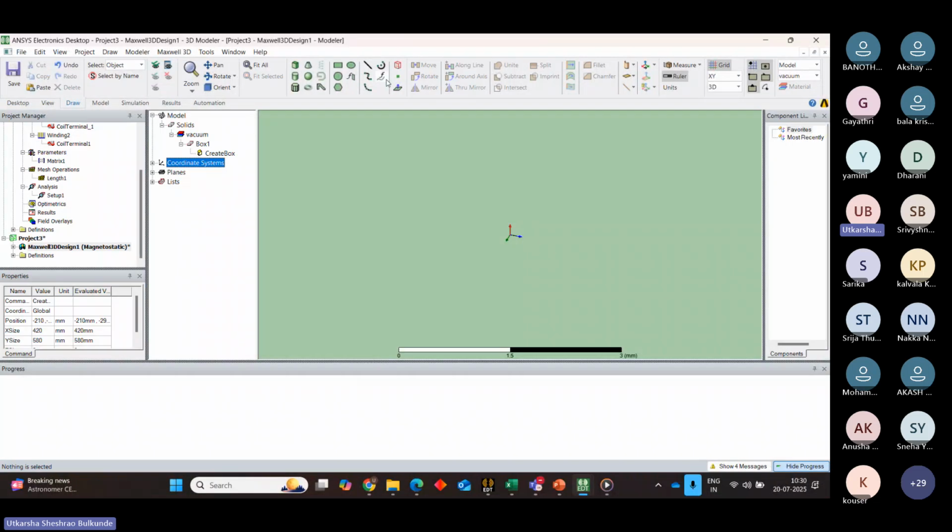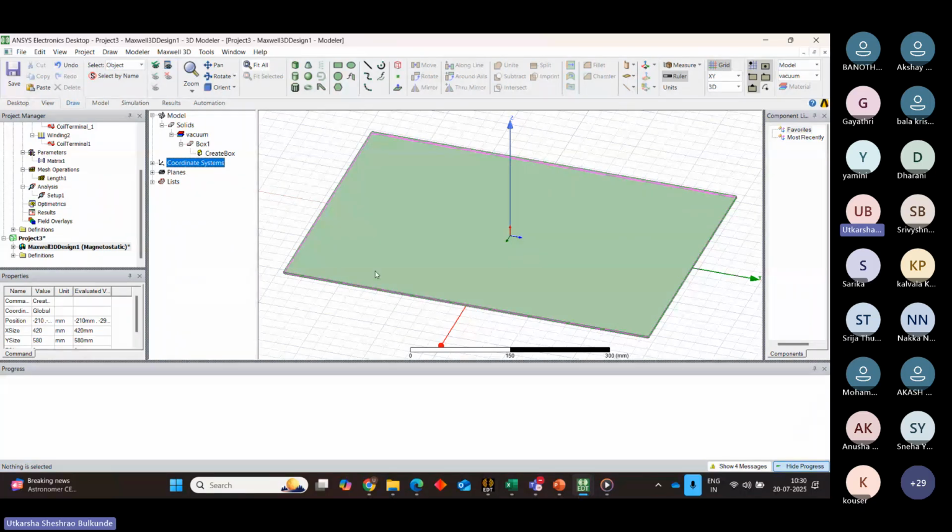Okay, fit all. Now you are getting a rectangular shape structure. So this is your rectangular coil, and the outer dimension is done.